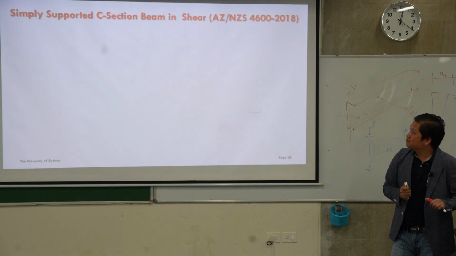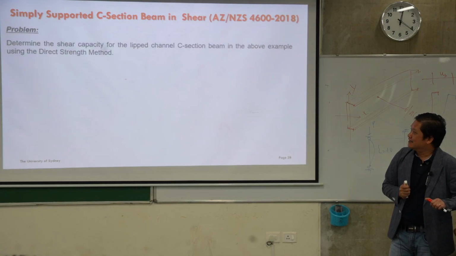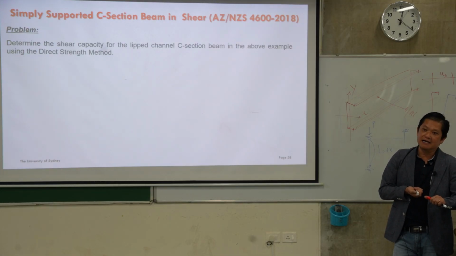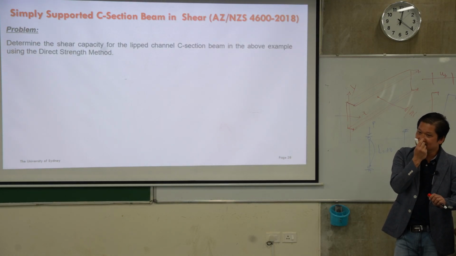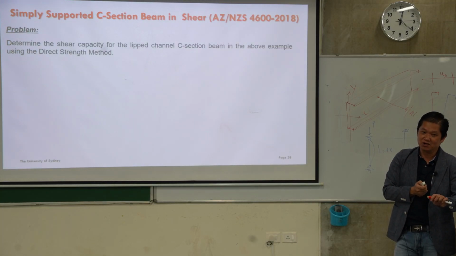Now, move to shear. We're going to design that beam, not design. In shear, normally you design for bending first, and then we check for shear or combined bending and shear. That's what you do. You don't design shear straight away first.